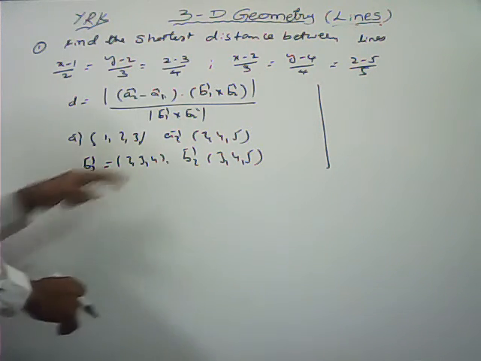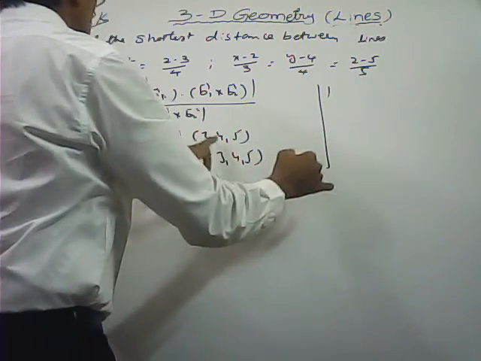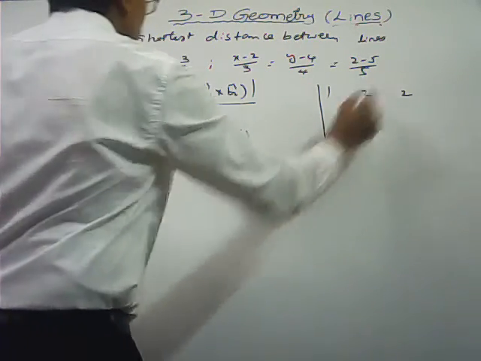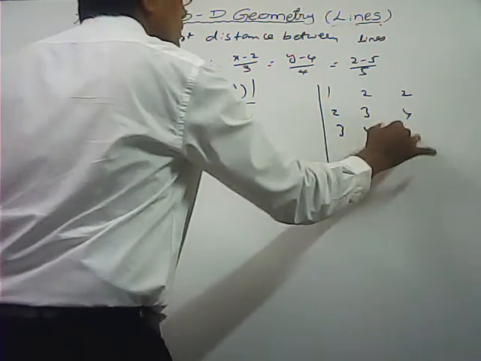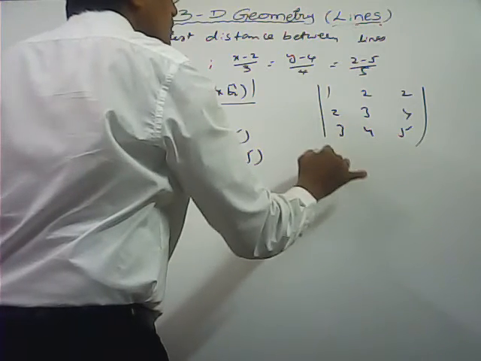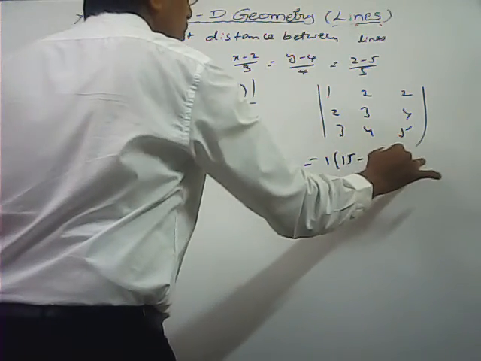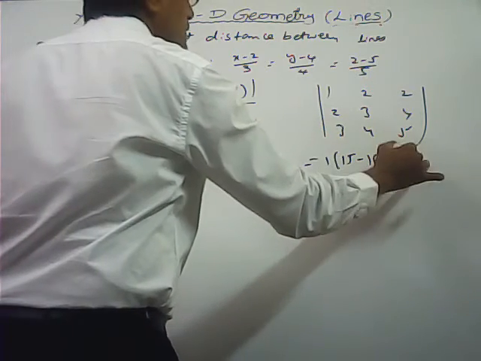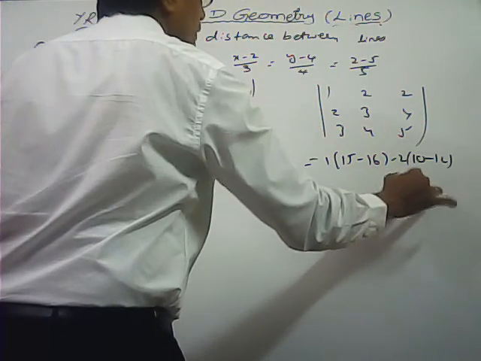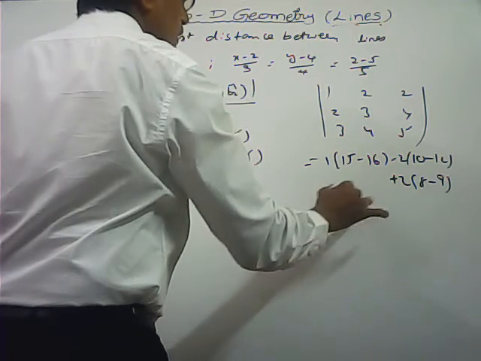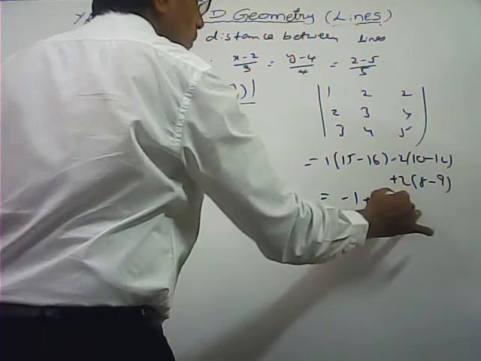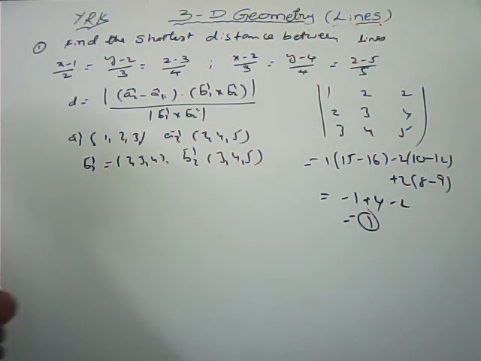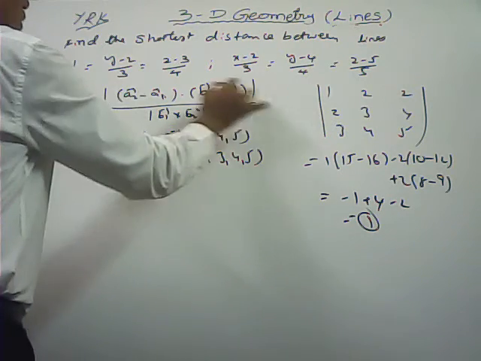Determinant of A2 bar minus A1 bar, 1, 2, 2, and 2, 3, 4, 3, 4, 5. That is equal to 1 into 15 minus 16, minus 2 into 10 minus 12, plus 2 into 8 minus 9. So here minus 1, minus 2 plus 4. Overall we are getting 1 only. So the total value is equal to 1.